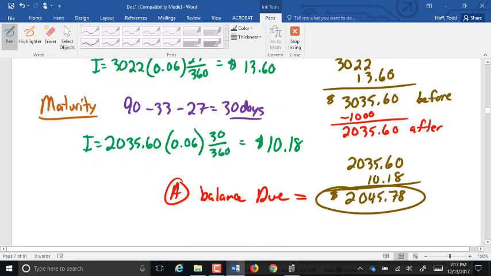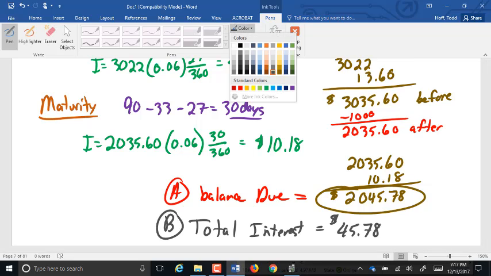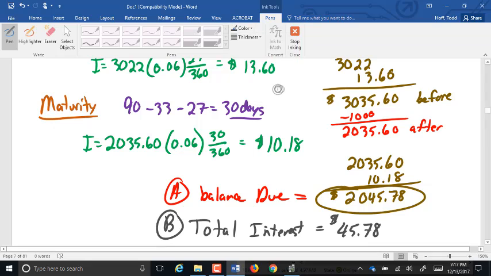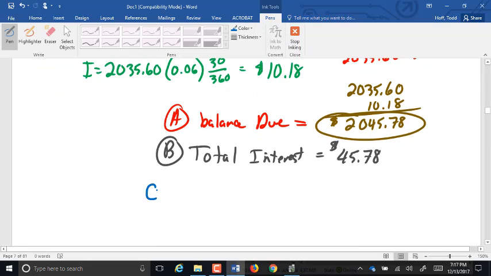Part two, part B, total interest. If you add up all your interests, you get $45.78. Part C, the amount saved by the partial payment. Well, part C, we must first find the full interest amount.